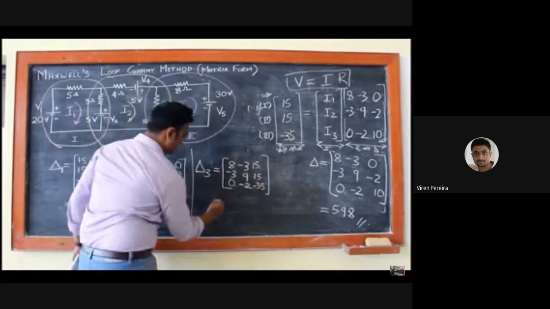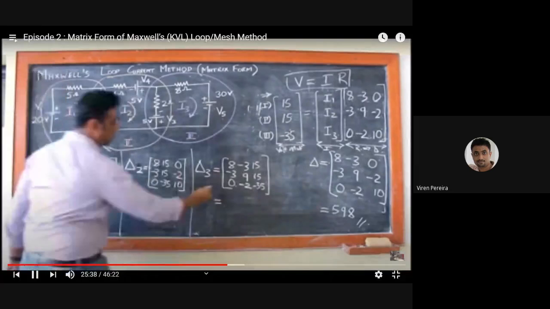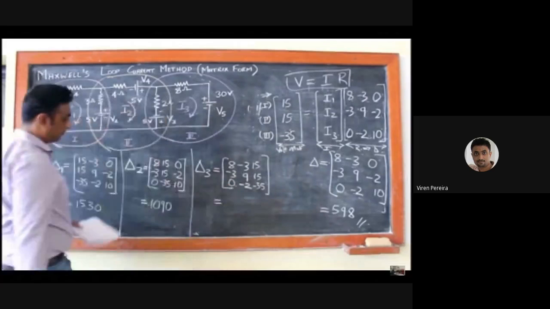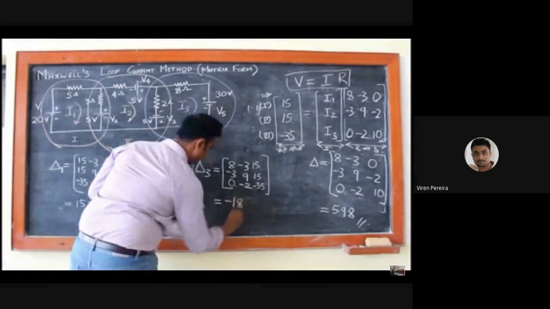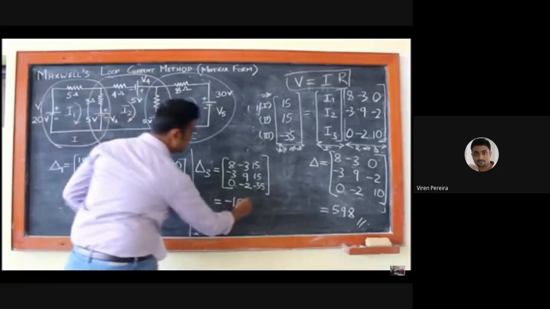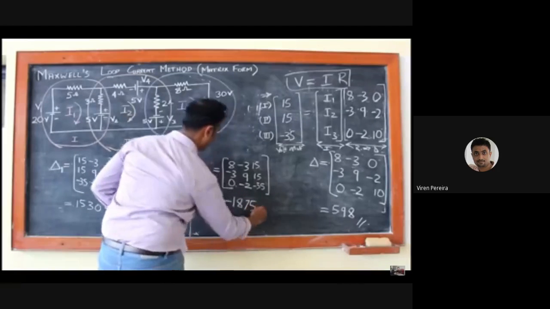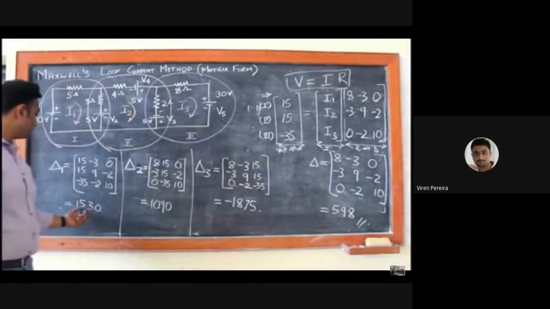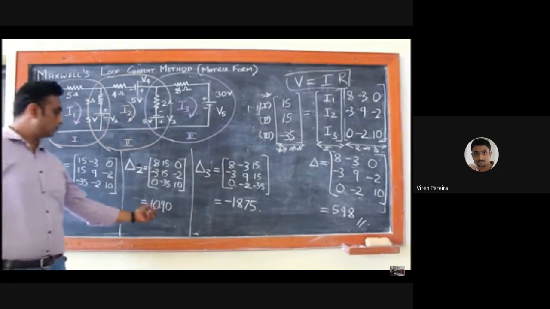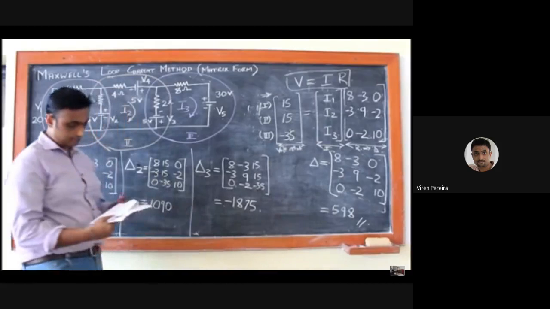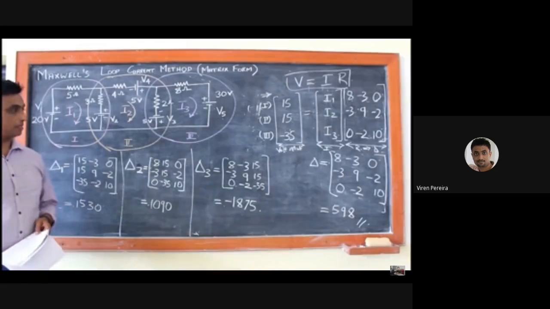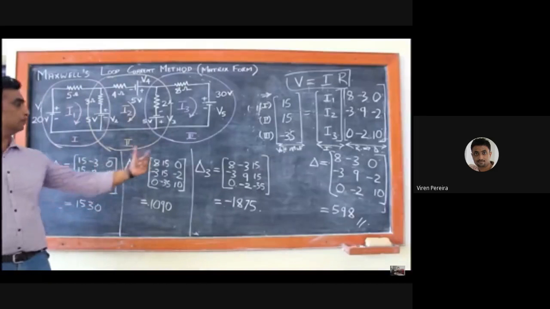Finding out the determinant of delta 3 will give us minus 1875. So I got 1530, I got 1090, and I got minus 1875. So I got my delta 1, delta 2 and delta 3.